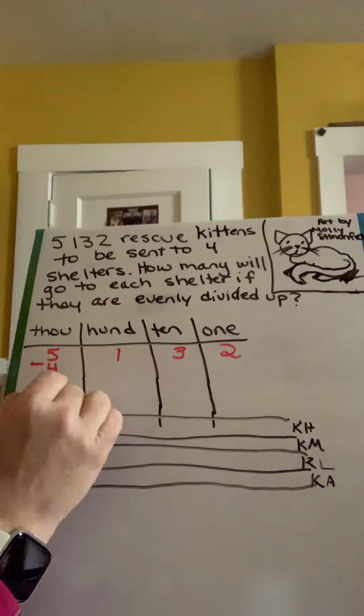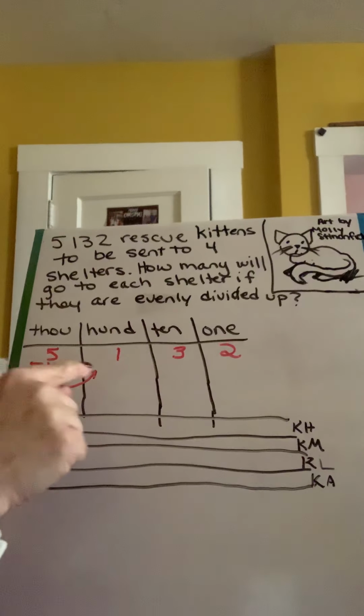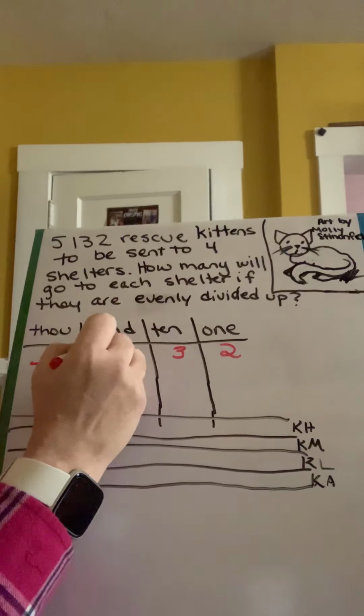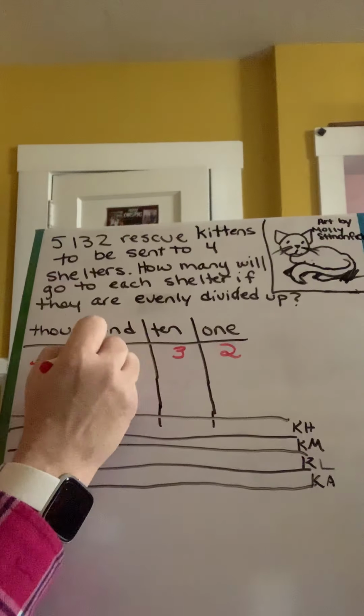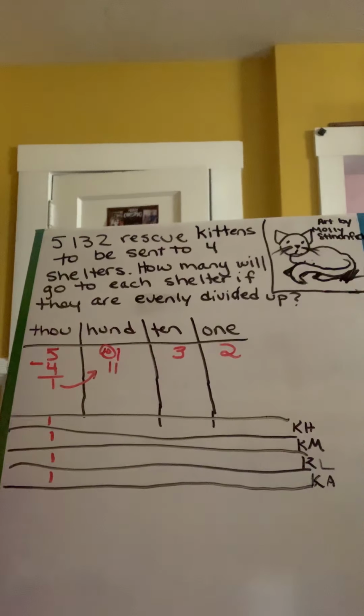Now we're going to regroup that 1,000 into 10 hundreds. Plus 1 more hundred gives us 11 in the hundreds.